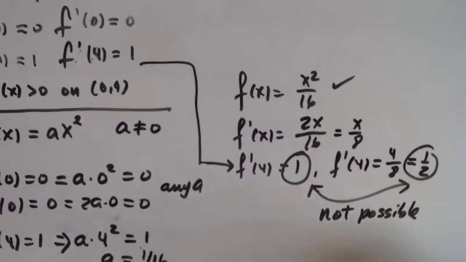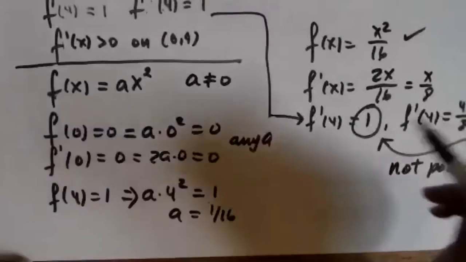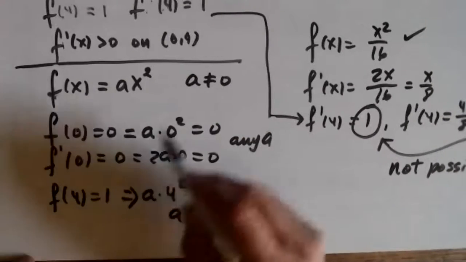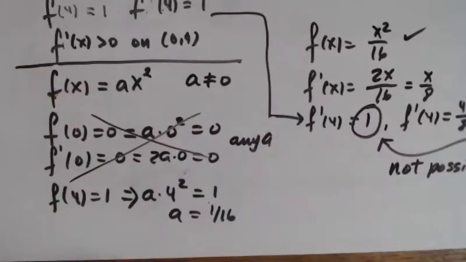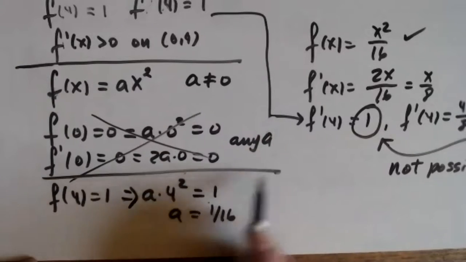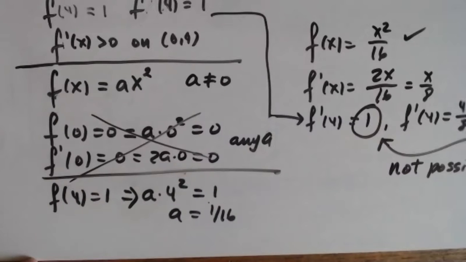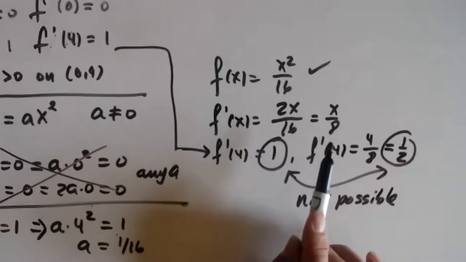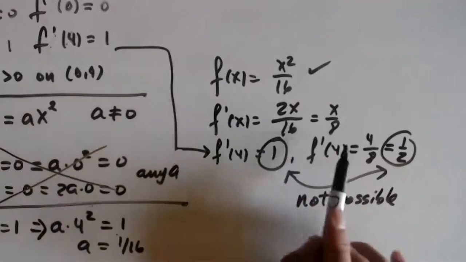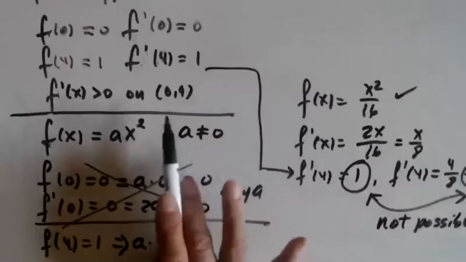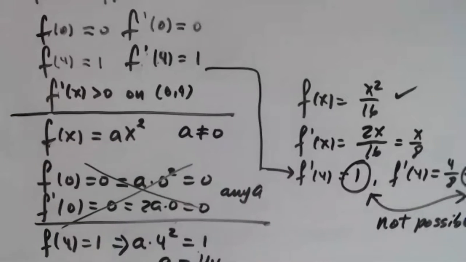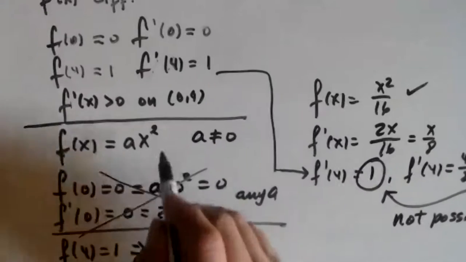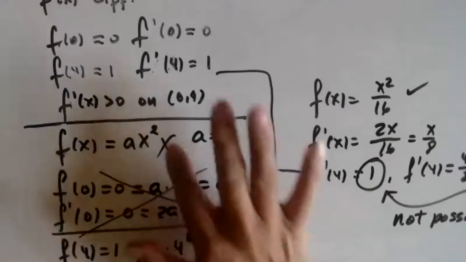So you may skip the earlier portion: focus on f of 4 equals 1, determine a, then determine the derivative, then the derivative at 4, and you see that 1/2 does not match your condition. So this cannot be the function.